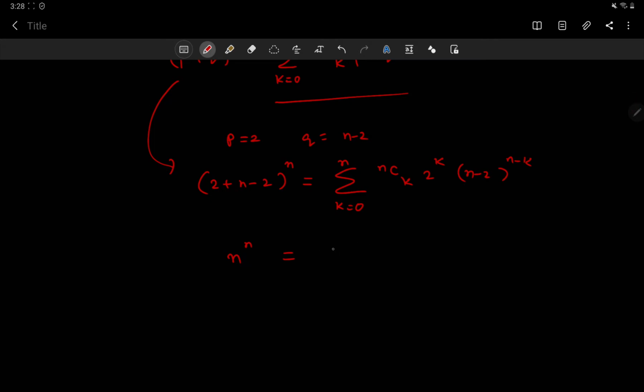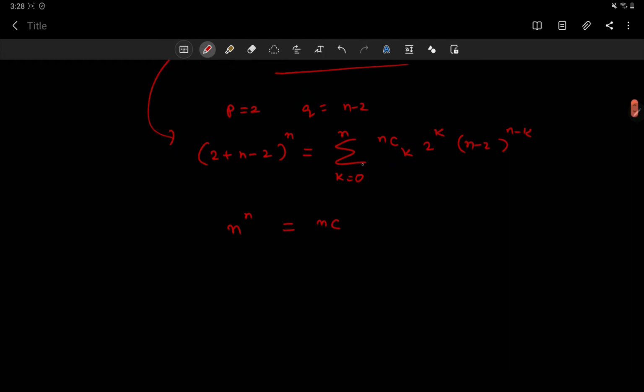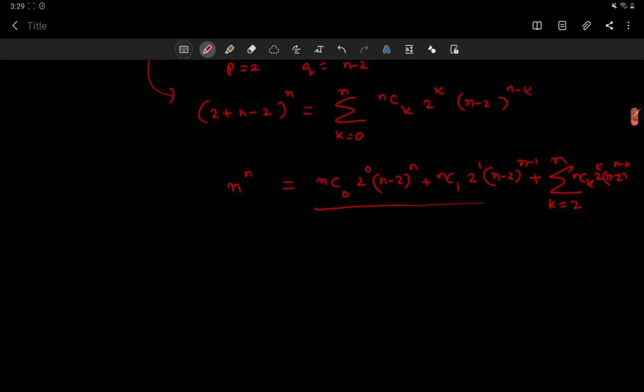So हम लोग 0 को और 1 को निकाल लेते हैं और 2 से सम बनाते हैं. तो अगर हम लोग इस सीरीज़ को खोलेंगे तो क्या बनेगा? nC0 2^0 (n − 2)^n plus nC1 2^1 (n − 2)^(n − 1) plus summation nCk 2^k (n − 2)^(n − k), where k is from 2 to n. So we don't need these terms.